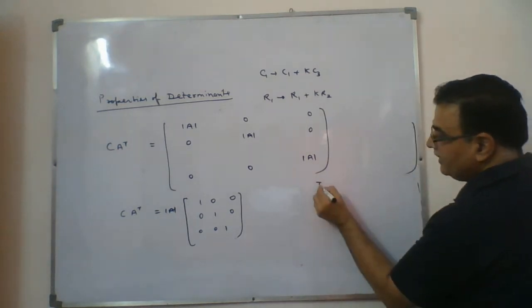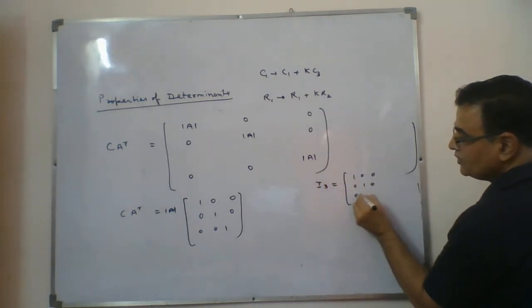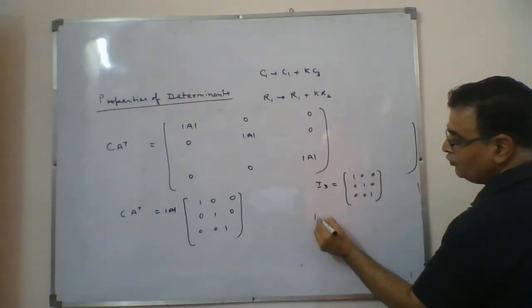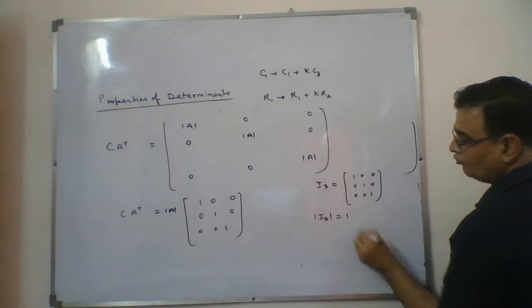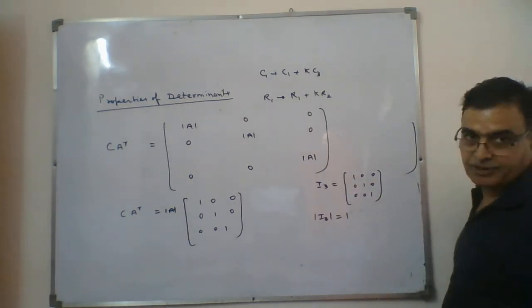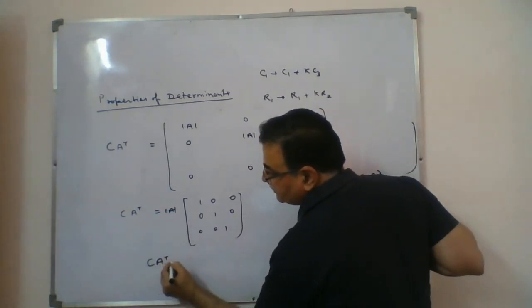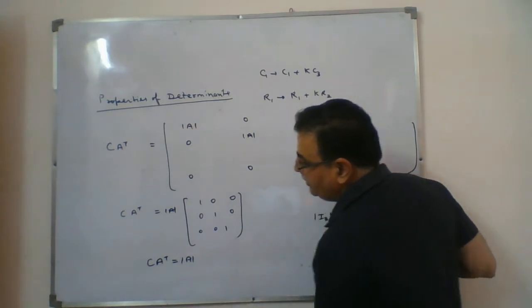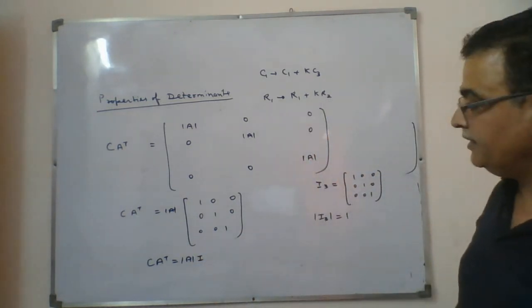So if I say I3 is 1 0 0, 0 1 0, 0 0 1, then if you take the determinant of I3, will it be 0 or 1? 1, because the diagonal elements are 1 into 1 into 1. So the determinant of I3 is 1. Now I take this: C A transpose is determinant A into I. Is this clear?